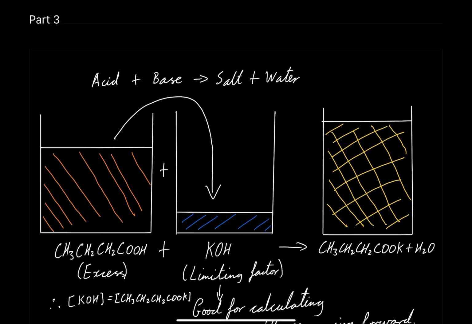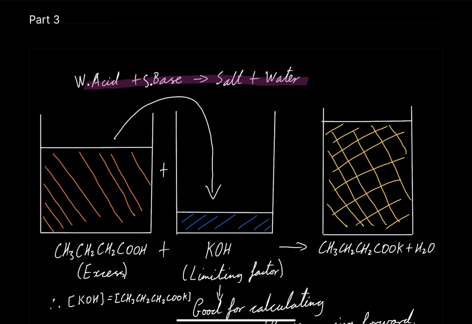Now remember, an acid-base reaction, also known as a neutralization, is when you have acid plus base, and you would know that forms a salt and water, right? Now I want you to think of this acid as being a weak acid and a strong base.